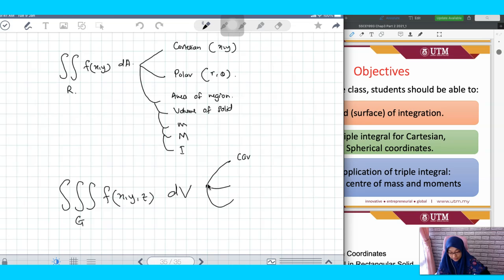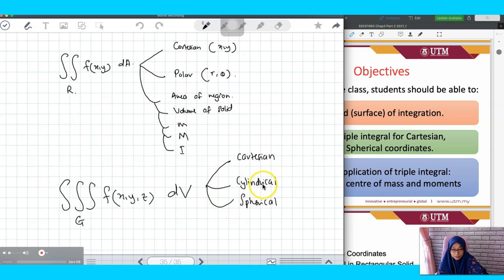So we have the Cartesian coordinate system, the cylindrical coordinate system, and the third one, spherical. The word cylindrical comes from cylinder, so the base is just like a cylinder. And for spherical, the basic idea of the spherical coordinate comes from the sphere, the solid that is like a sphere.